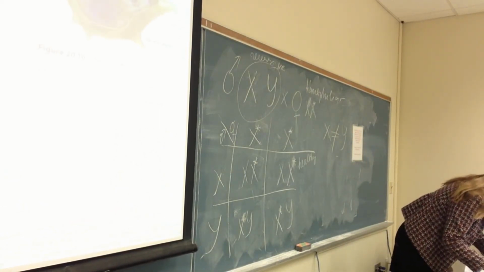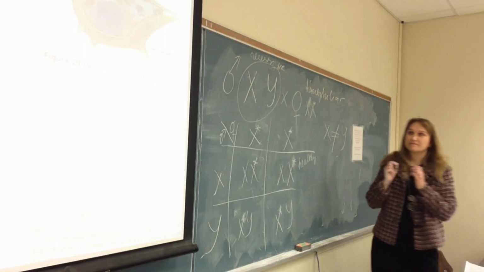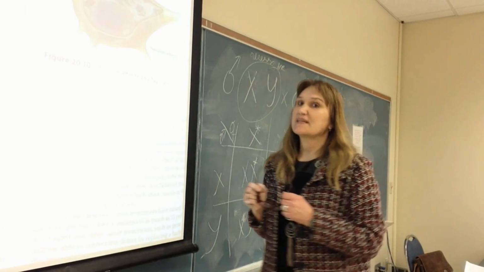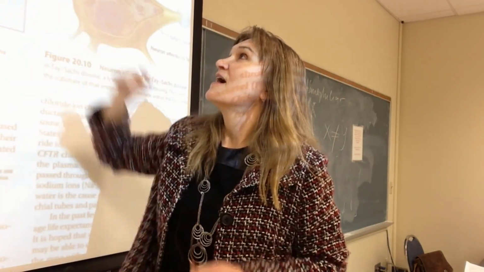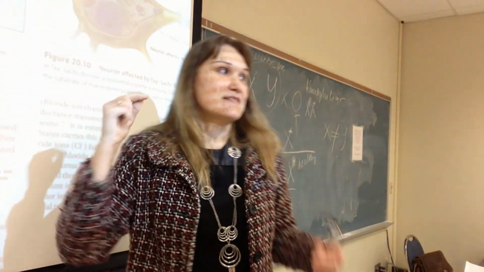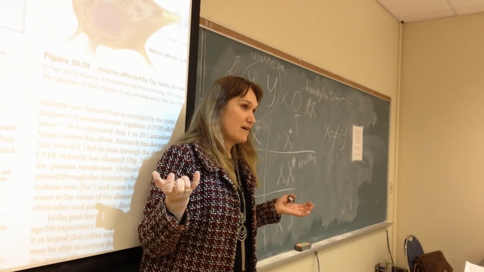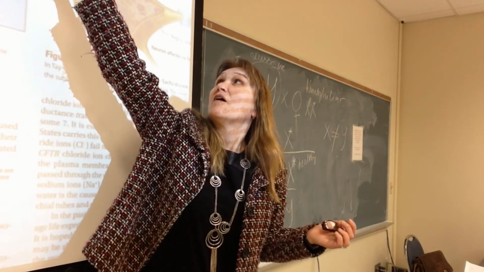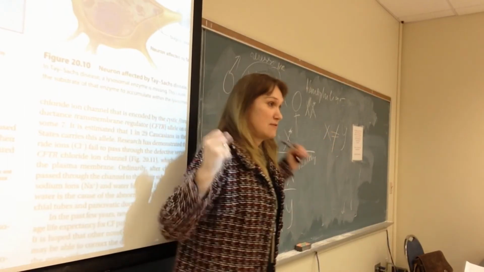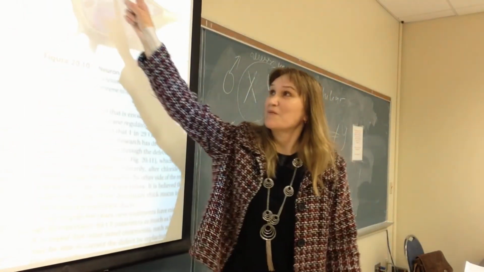Here is an example of a pedigree. And the first thing the genetic counselor does is construct pedigrees. As you can see, the circles are females, round forms. Males are squares. That's the thing to remember.